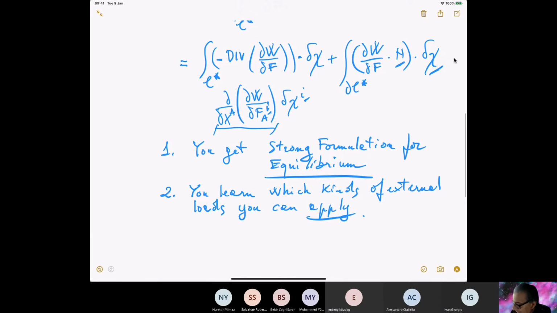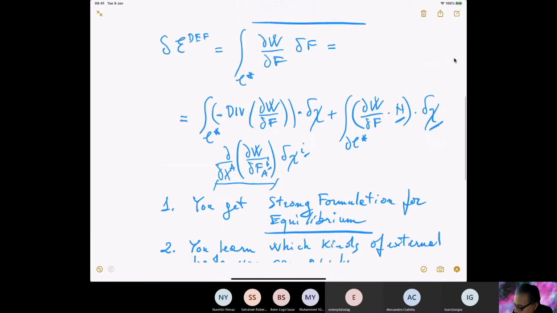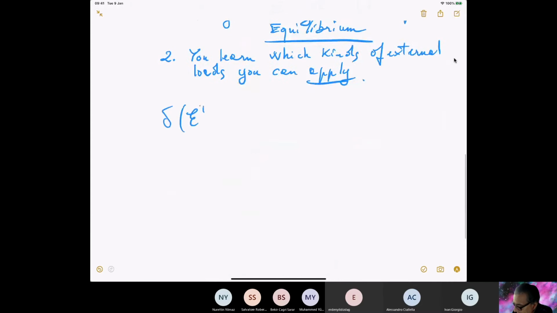Why? Because delta of the total energy, which is equal to the delta of deformation energy plus delta of the energy, the potential of external interactions, has to be equal to 0.